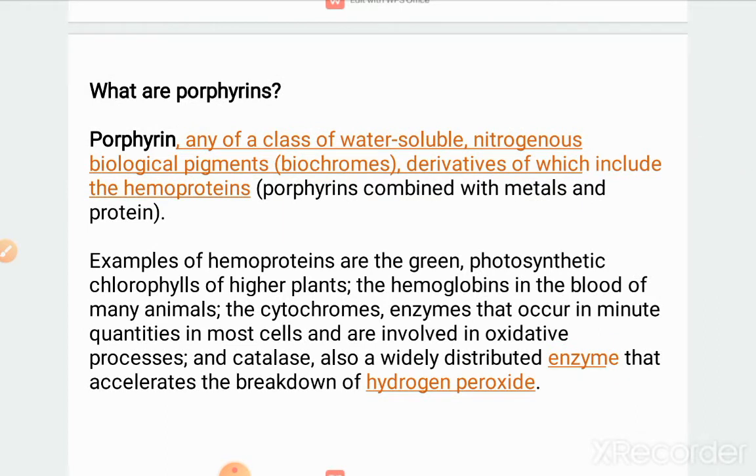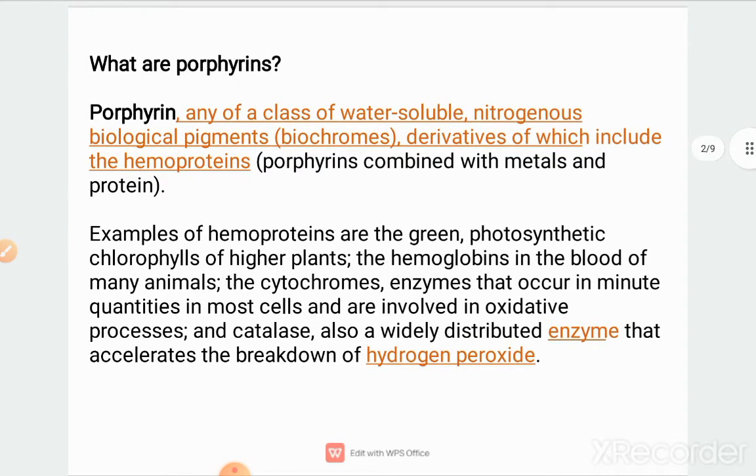Porphyrins are any class of water-soluble nitrogenous biological pigments, derivatives of which include the hemoproteins. Porphyrins combine with metals and proteins.